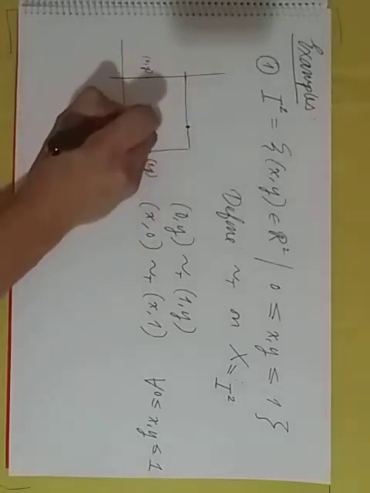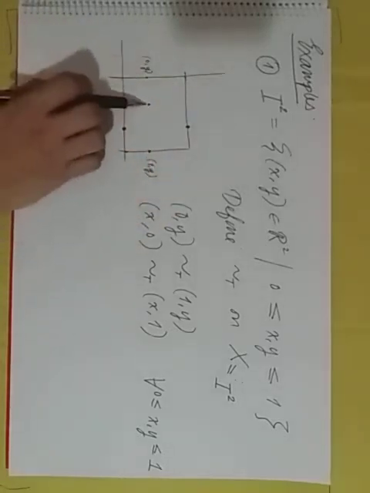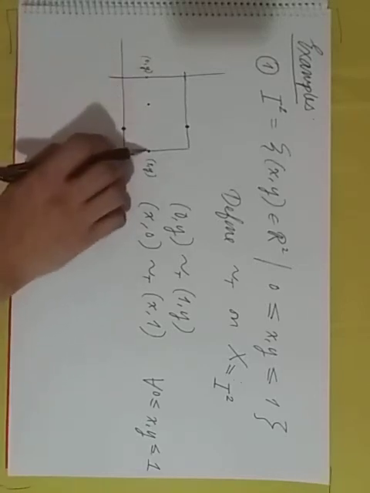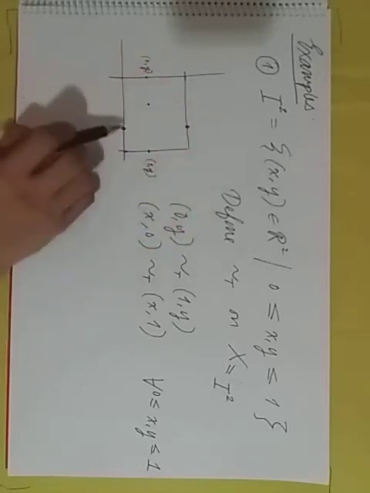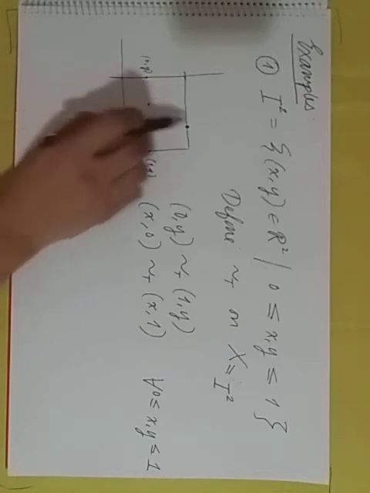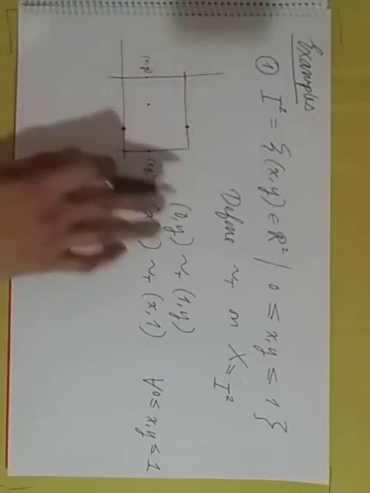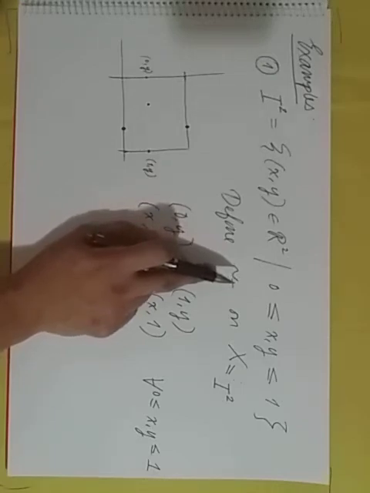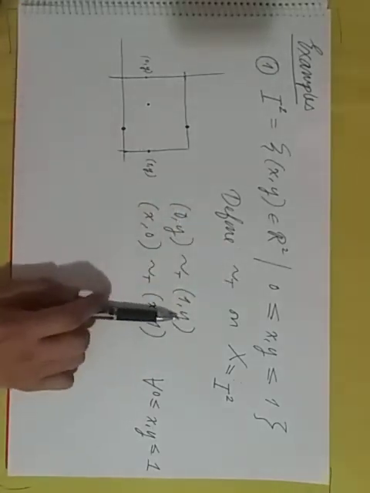So, for instance, this point, yung equivalence class ng point na to only contains this point. Maliwanag? While the equivalence class of this point contains 2 points, this and this. Same dito. The equivalence class of this point contains this and this. So for this equivalence relation, yung mga equivalence classes, they are either singleton or doubleton.